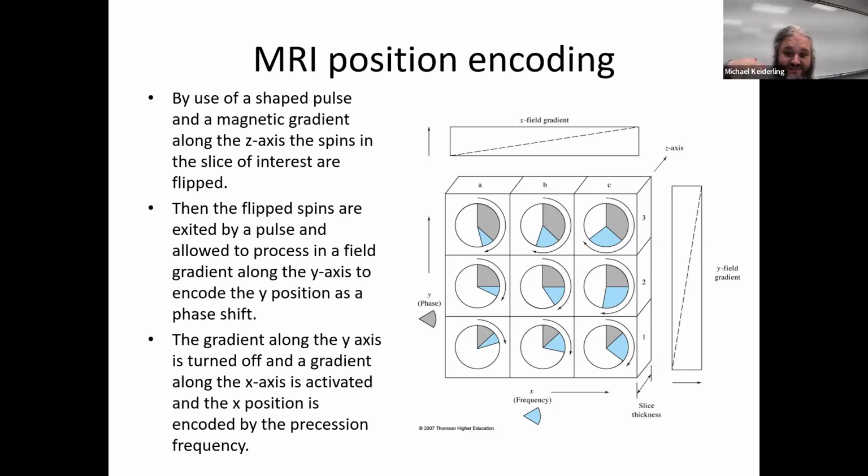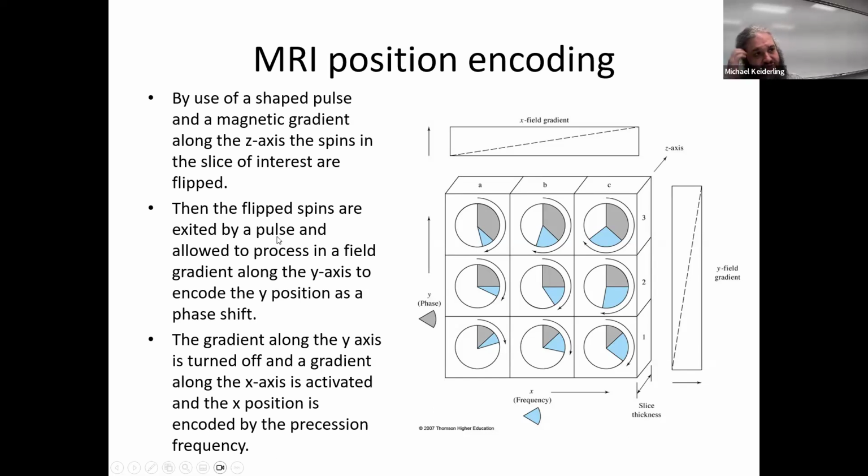So only one slice has its spin flipped. Then the flipped spins get excited by a pulse and allowed to precess in a field gradient along the Y-axis to encode the Y position as a phase shift. Then the gradient along the Y-axis is turned off and a gradient along the X-axis is activated, and the X position is encoded by the precession frequency.